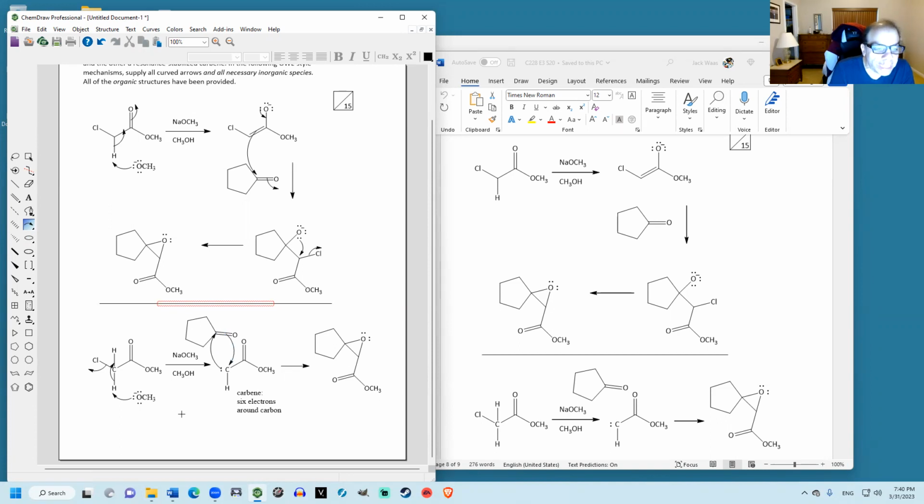So the formation of that 3-membered ring happens in one step. Bizarre, strange, but true. And I could check the answer key, but I'm pretty confident I'm right.